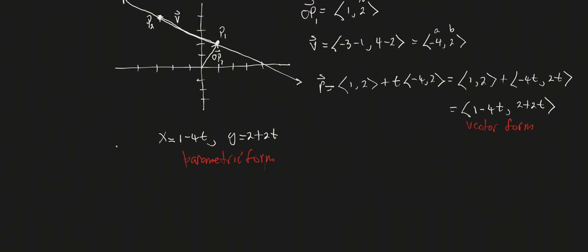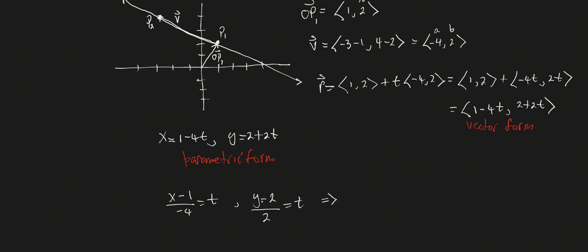So let's do that. Solving my x equation for t gives me (x minus 1) over -4 equals t. Solving the y equation for t, (y minus 2) over 2 equals t. Therefore, we have this symmetric form.